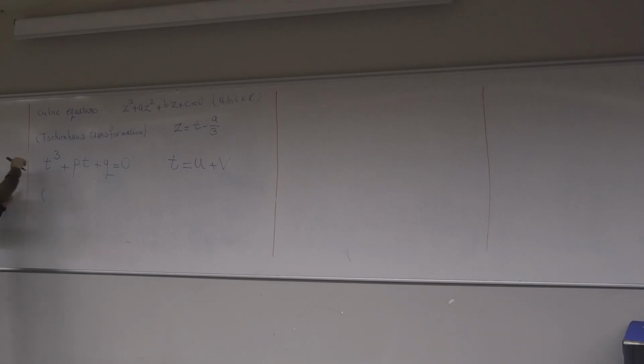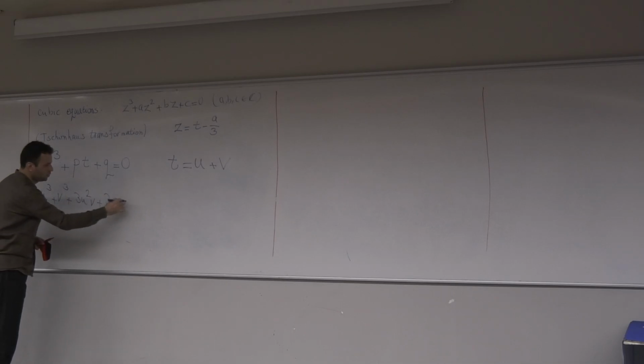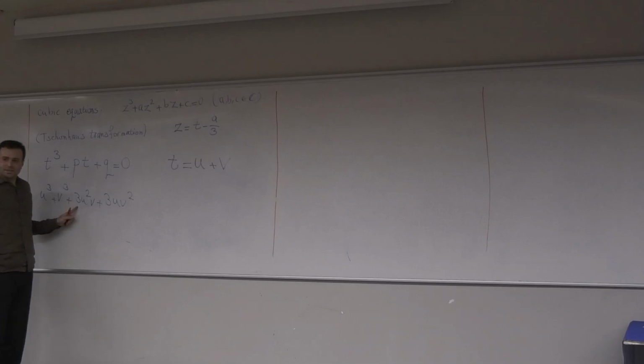u plus v to the power of 3 is going to be u to the power of 3 plus v to the power of 3 plus 3 times u squared v plus u v squared. Can I take a factor of 3uv from these terms?